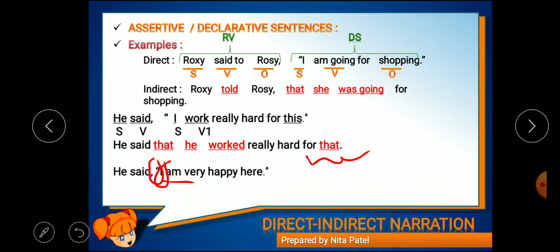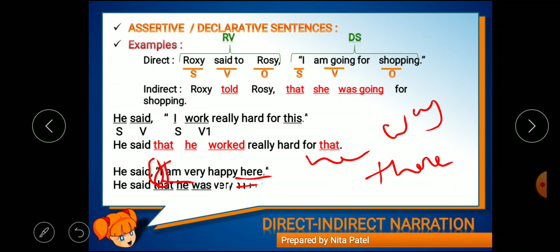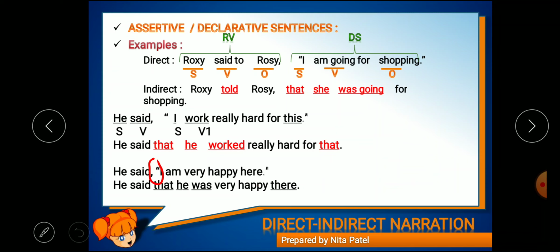Am is there, that suggests simple present, it will convert into, what goes with he, was or were? Was. Again here is used, what will be changed with that? So we have marked all the changes. Now let's see the answer. He said that, I will convert into he, am into was, very happy will remain the same, here into there. I have already underlined it, just check it out. He said that he was very happy there.